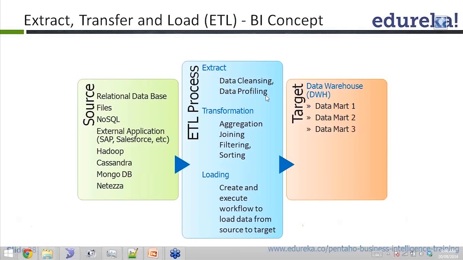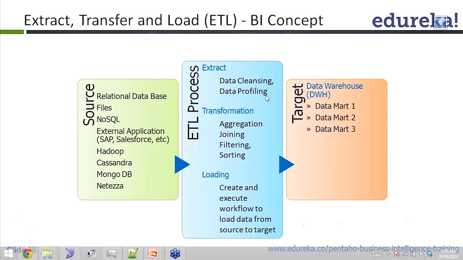Then the central one, where ETL is happening, is extracting the data from the source, then doing some analysis for data errors. If an error is there, then it will cleanse the data, then do data profiling, and once that is done, it will push to the next process, which is transformation.